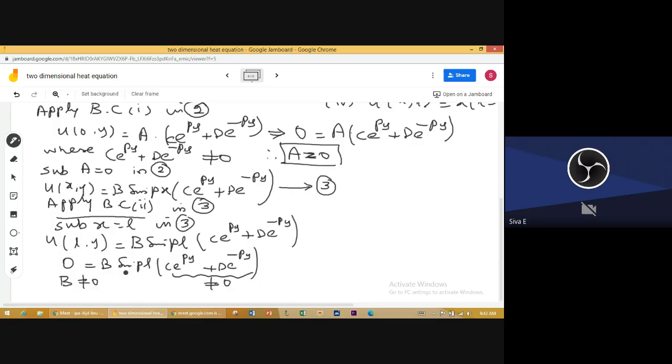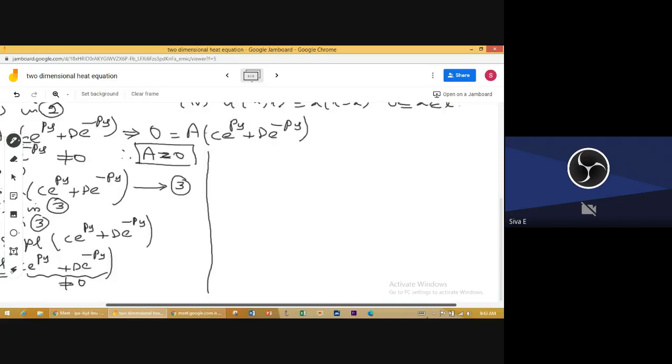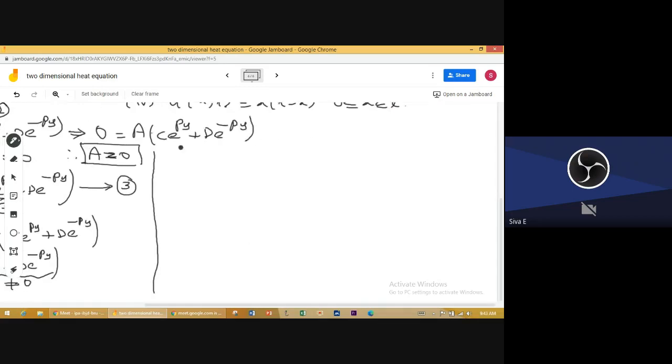Only one possibility is that sin pL = 0. That implies, instead of writing 0, we can write sin nπ, because we know that sin nπ = 0.